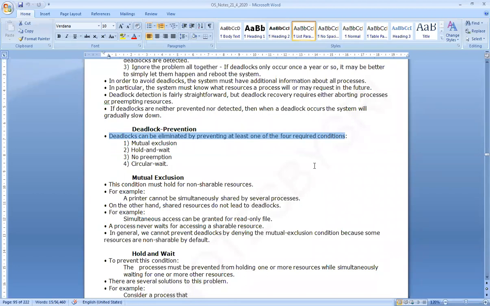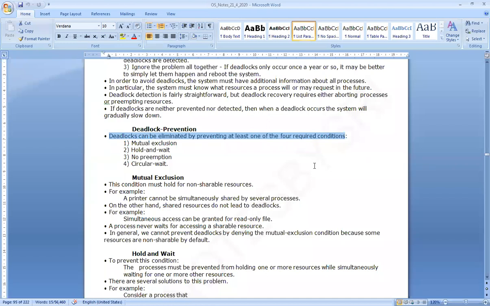What is meant by preventing is that we should take care of these four different conditions, mutual exclusion, hold and wait, no preemption, and circular wait, for eliminating or preventing the deadlock situation.